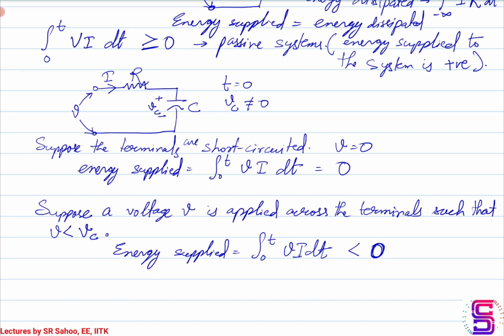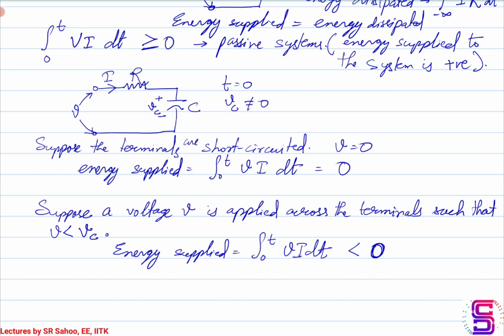So it looks like it is not a passive circuit. But then the question arises: where did the energy in the capacitor come from? The capacitor didn't generate any energy on its own. So someone would have supplied this energy into the capacitor.